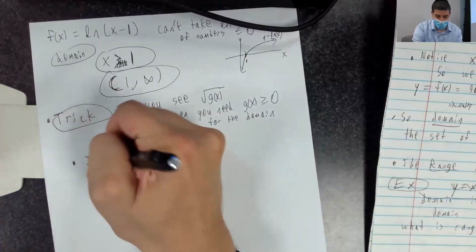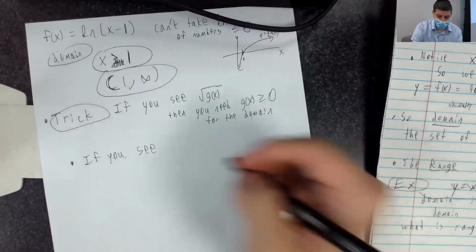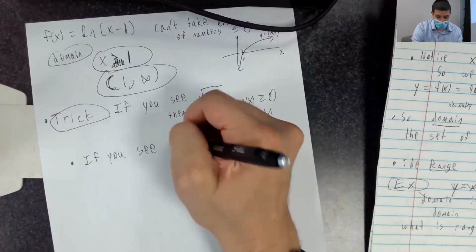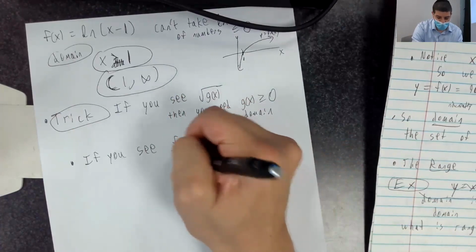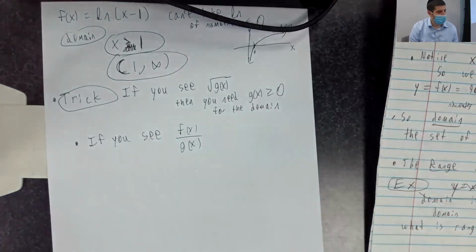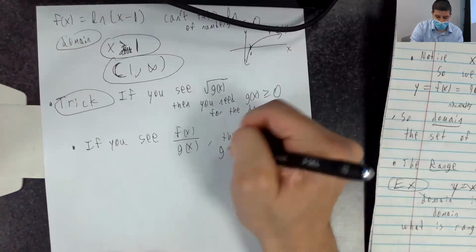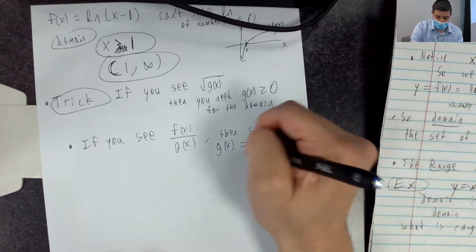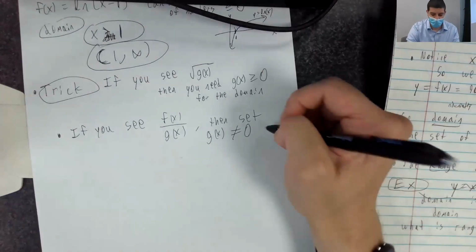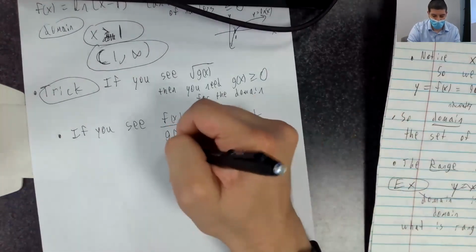If you see f of x, a fraction with g of x in the denominator, now, if you see a denominator, then set g of x not equal to 0 as part of your domain.